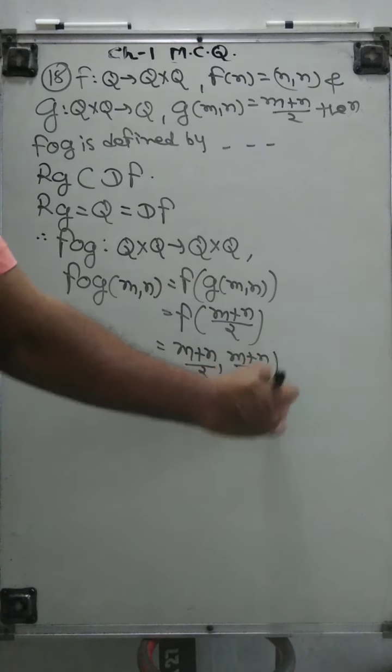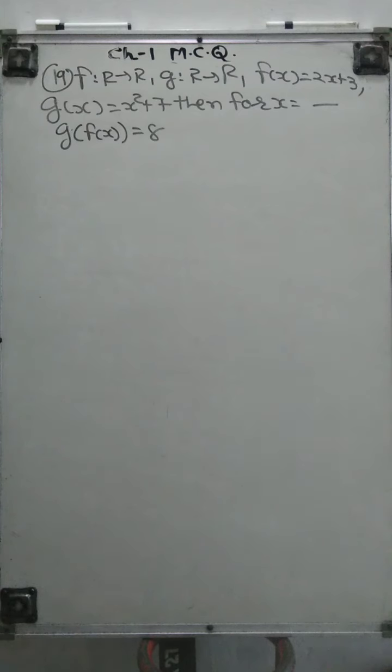19th sum. f from R to R, g from R to R, f(x) = 2x + 3 and g(x) = x² + 7. Then for x equal to what, gf(x) = 8. So here gf(x) = 8.